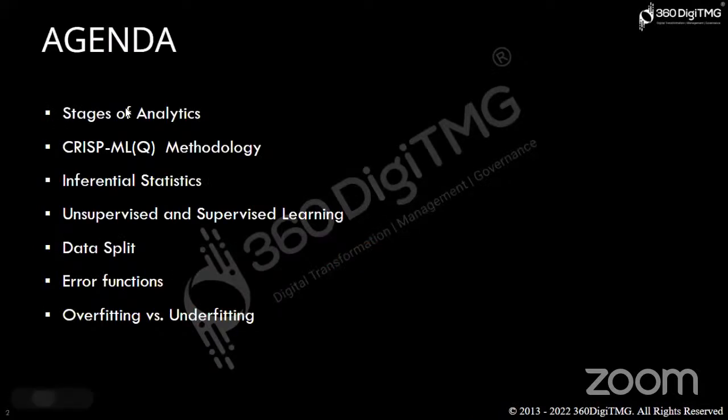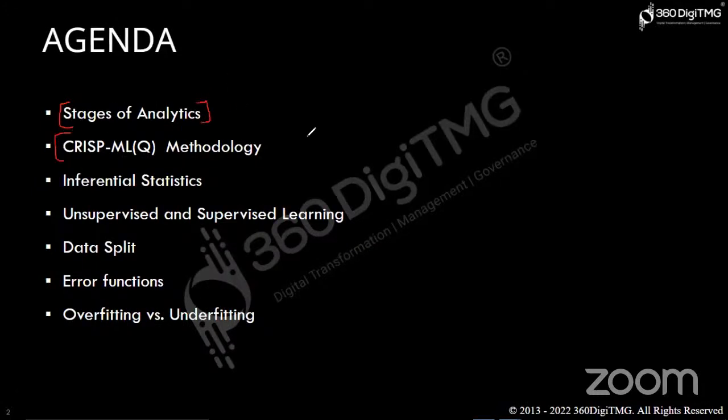In today's agenda, we are going to discuss the different stages of analytics, the CRISP-ML(Q) methodology, inferential statistics, unsupervised and supervised learning, data split, error, error functions, and overfitting versus underfitting. These are the different topics we are going to cover in today's session.